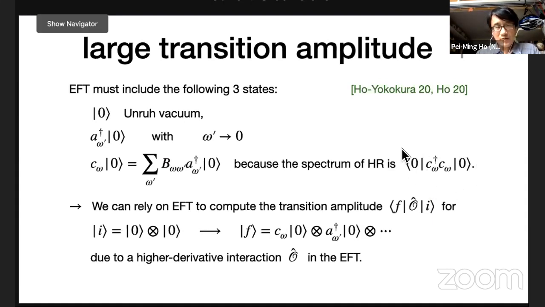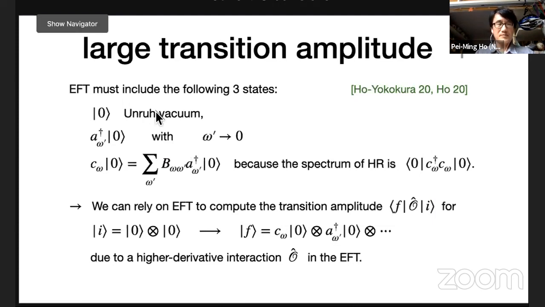Then another state, this is more unusual, but you need it because when you claim that you have Hawking radiation, you are claiming that you have particles with approximately this spectrum, given by the expectation value of the number operator defined for distant observers. We call the corresponding operator C. This quantity, which represents the spectrum of Hawking radiation, is also the norm of the state C acting on the en-route vacuum. Now using the Bogoliubov transformation, this annihilation operator is a superposition of A and A dagger, so the creation operator survives after acting on the en-route vacuum. So this state is just a superposition of one-particle states for freely falling observers.